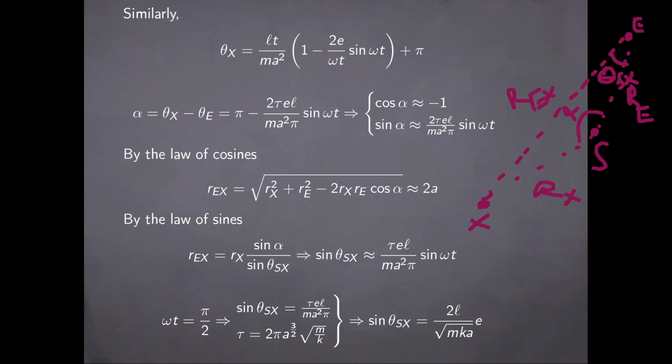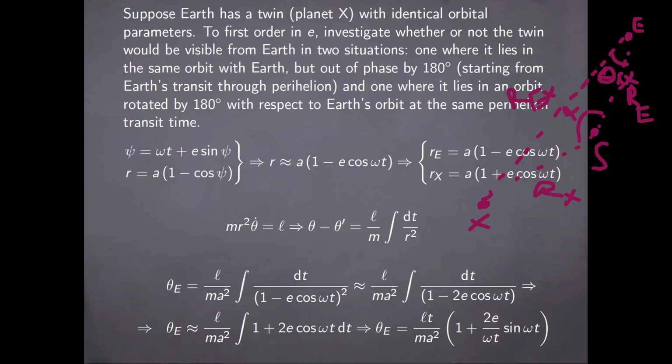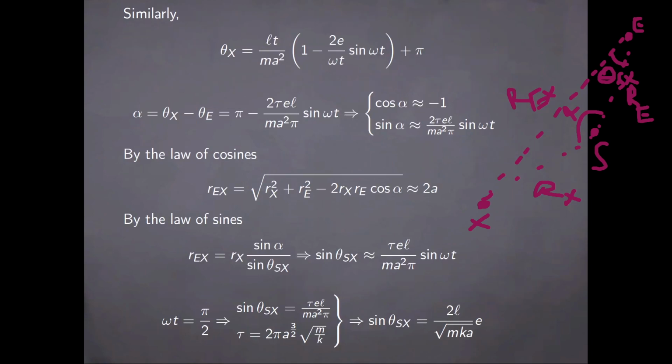So in any case, it should be clear from this diagram that applying the law of cosines for R_EX, we need to evaluate the square root, which, given the value of alpha and the values of the two radii, is approximately equal to 2 times the semi-major axis of the orbit.